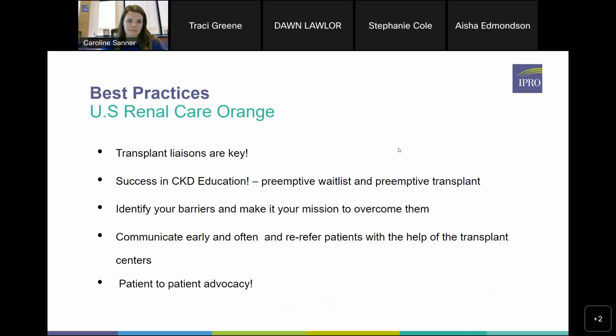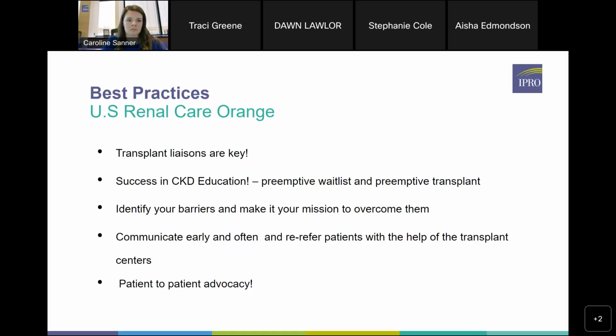So these are the key points. Basically, transplant liaisons are key, because if someone drops the ball, it can be devastating to the patient. And we're all human in every discipline, and sometimes people can fall through the cracks.